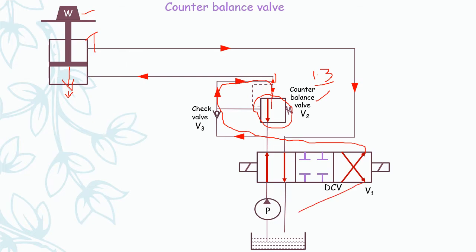When the load has to be raised, this counterbalance valve will be bypassed with the help of the check valve V3, and the fluid enters the lower side of the piston to raise the load. This is how the counterbalance valve is used.